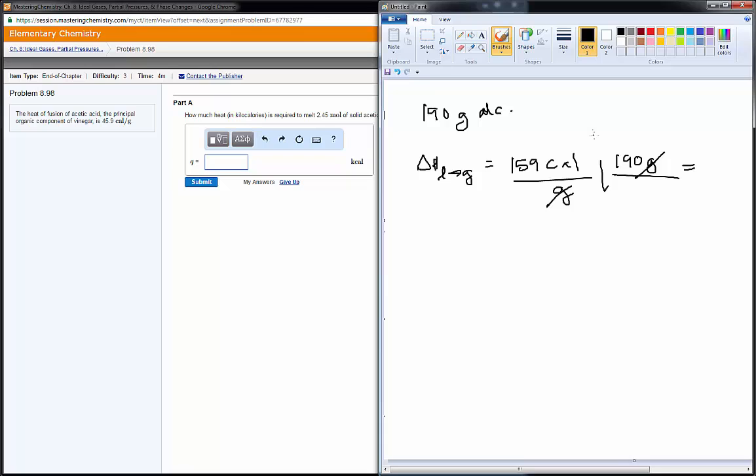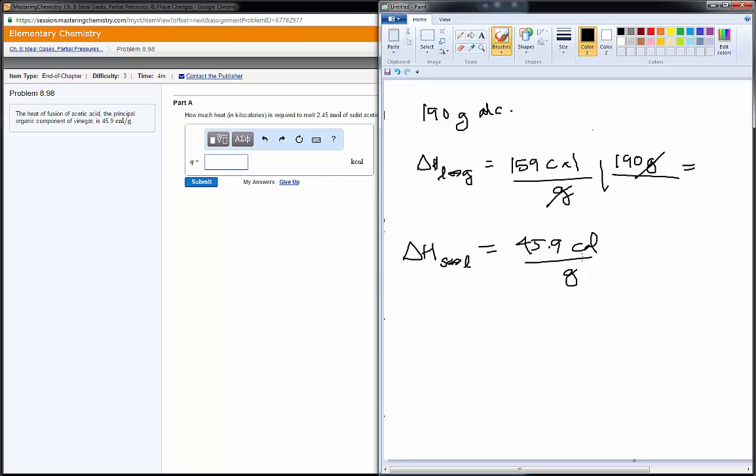And finally, heat of fusion of acetic acid, which is change in heat going from the solid to the liquid. And by the way, this is both directions, right? It's just that going from liquid to the gas would absorb 159, gas to the liquid would release 159, going from the solid to the liquid will absorb 45.9, going the other direction would release 45.9.